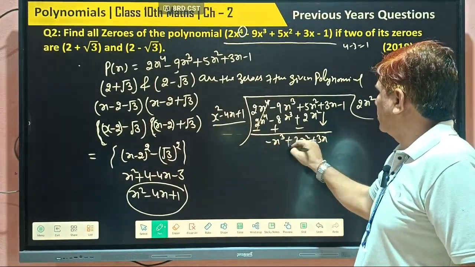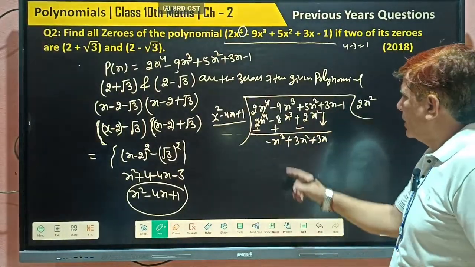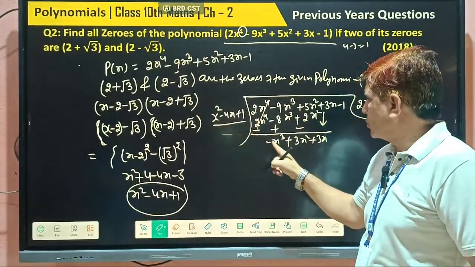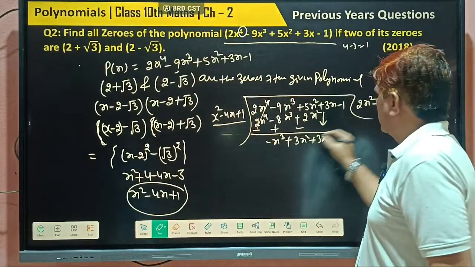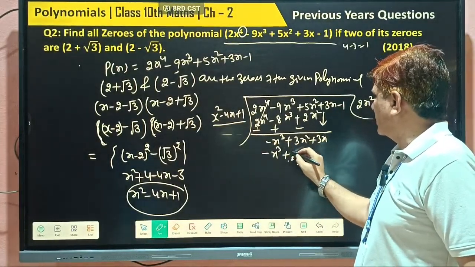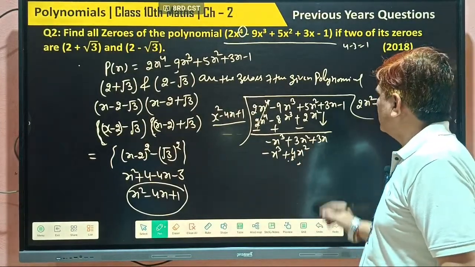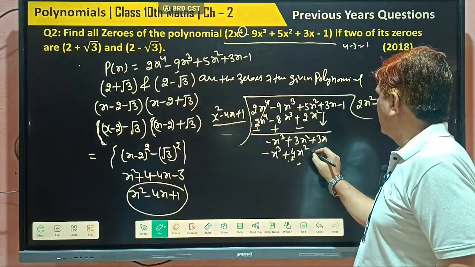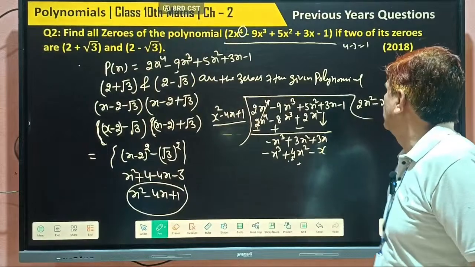So 5 plus 2, this is plus. Understood? So what's coming? Now I can multiply this with what? So it's coming minus, so minus x. So what does it become? Minus x cube plus 4x square minus x.